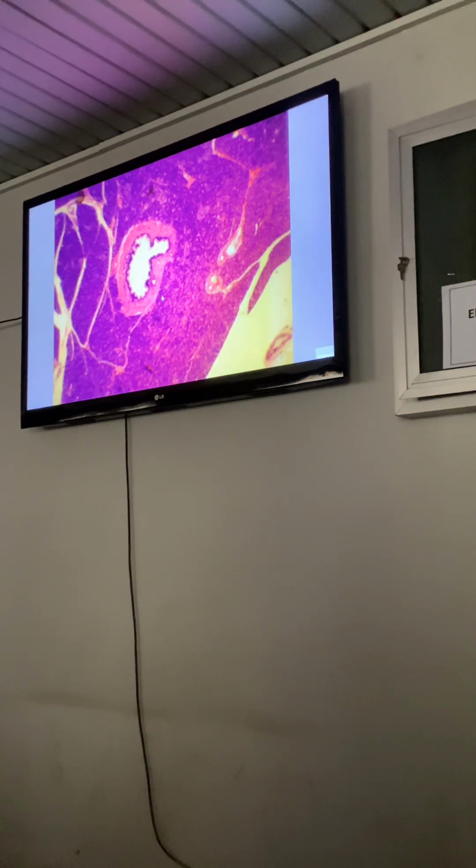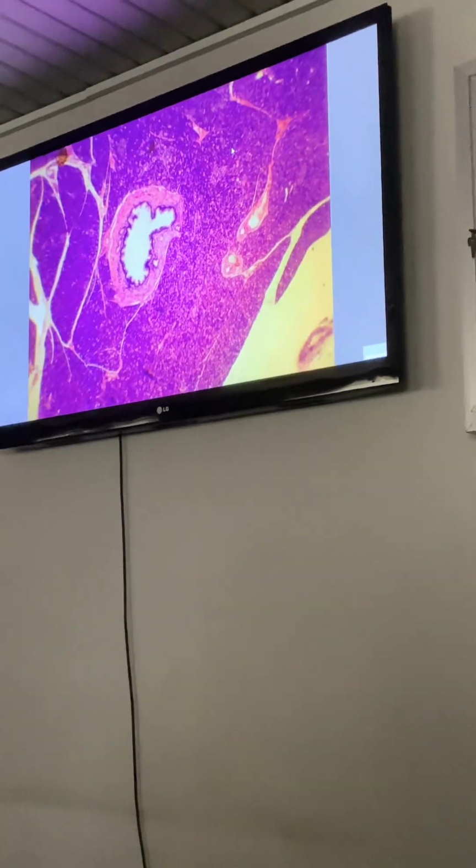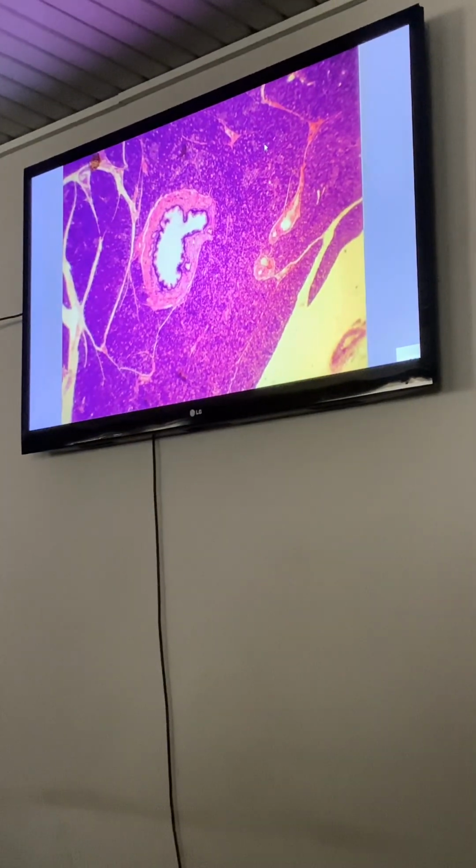This slide is a section in the pancreas. Pancreas is a mixed gland, consisting of exocrine and endocrine portions. The exocrine portion of the pancreas is a branched acinar gland.